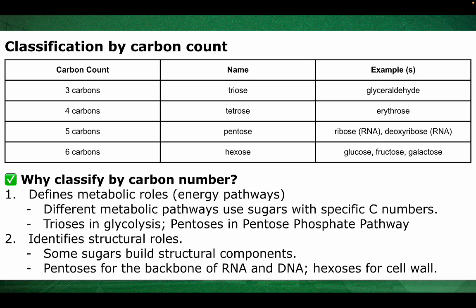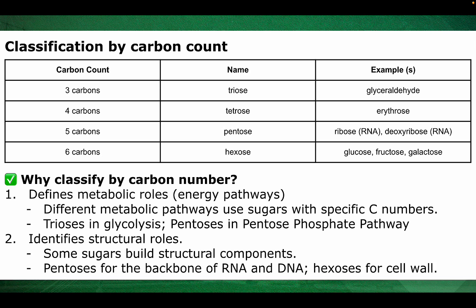For example, trioses have 3 carbon atoms and are involved in metabolic pathways like glycolysis. Different pathways in our body use specific sugars with specific numbers of carbon atoms. Pentoses, 5 carbon atoms. These sugars are important because ribose and deoxyribose form the backbone of RNA and DNA. So they are pentoses.